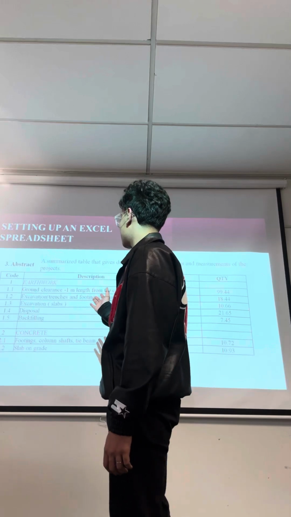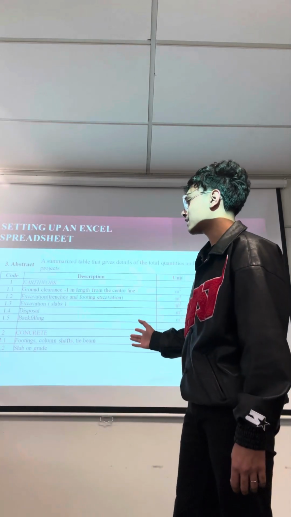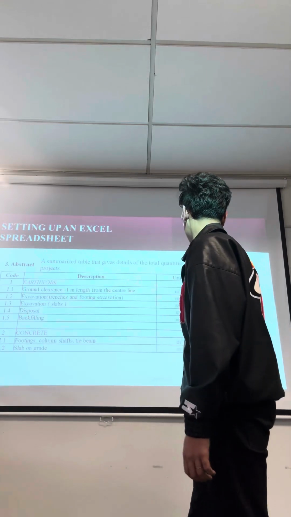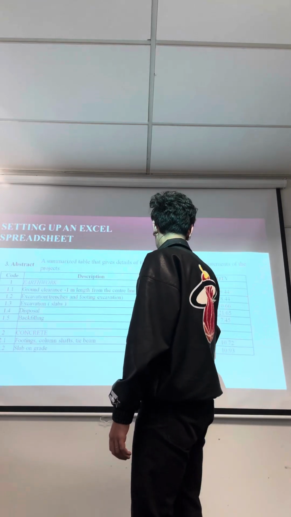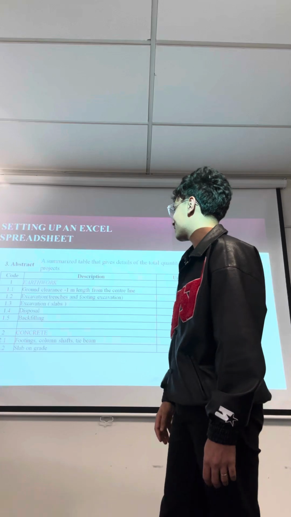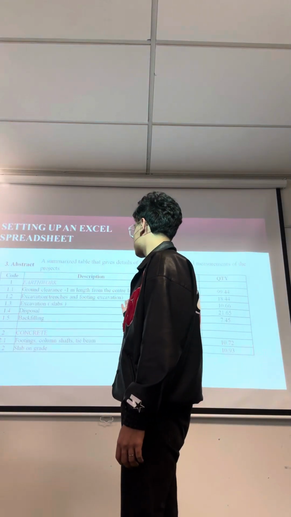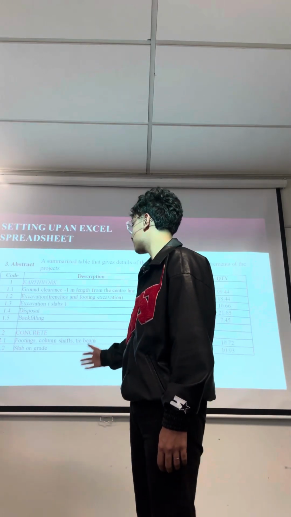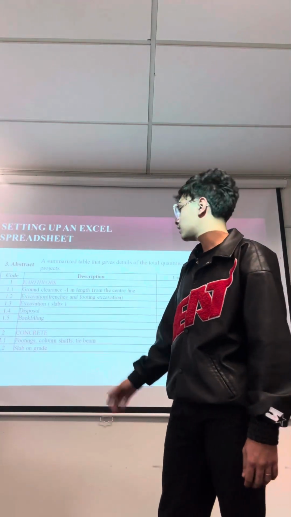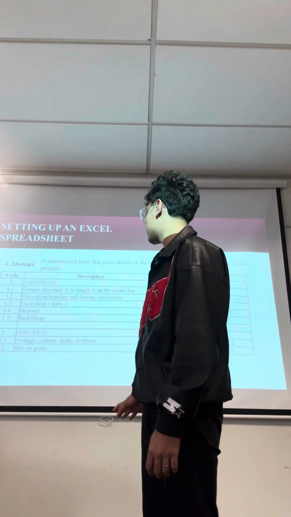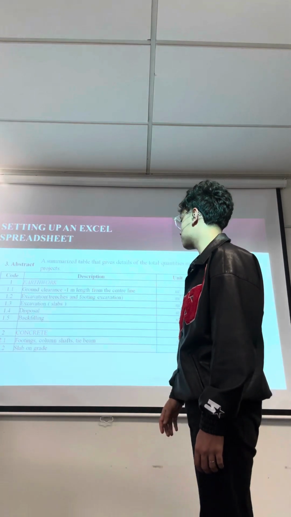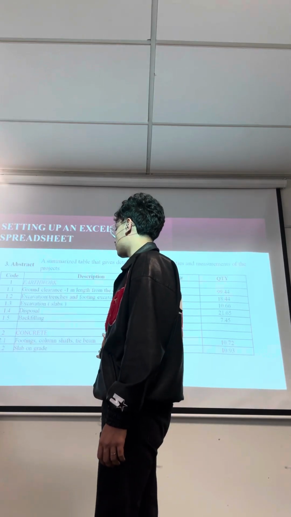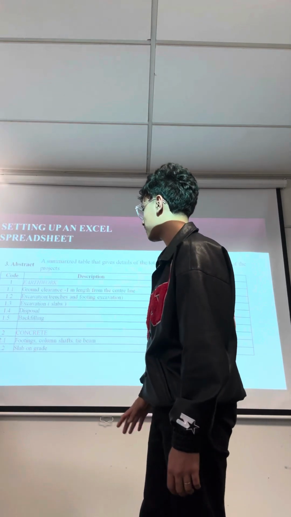And the excavation trenches and footing excavation, which is in meter cube, with a quantity of 15.44. The third one is excavation slab, followed by the disposal, backfilling, and the second one is concrete. It contains footing, columns, shafts, tie beam accordingly, and second it has slab on grade.